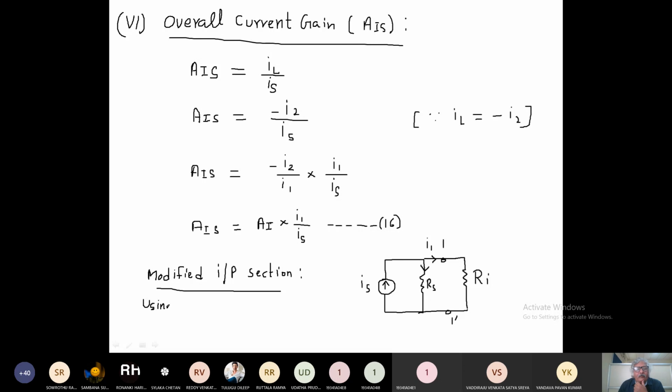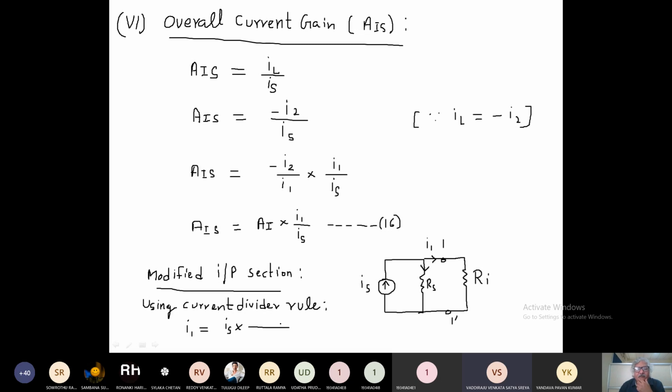Using the current divider rule, I1 is equal to the total current IS multiplied by, yes, now someone can respond.